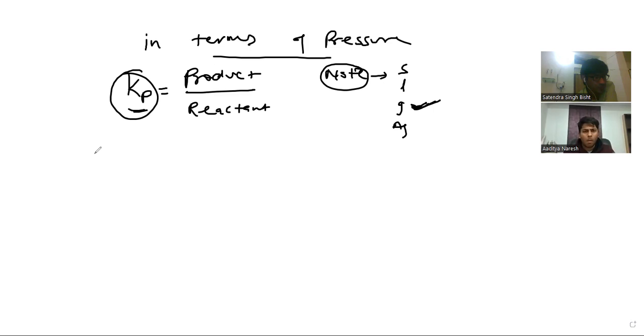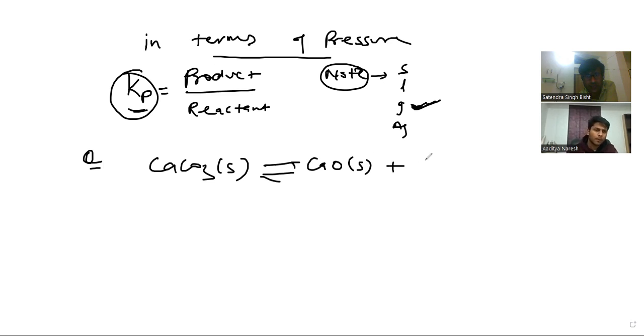And the question is: CaCO3 gives CaO plus CO2.